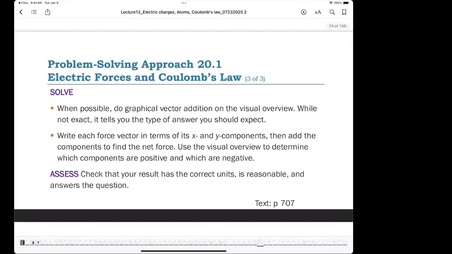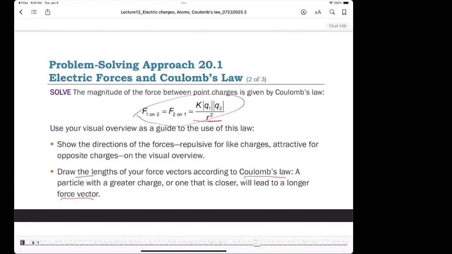Then add the components to find the net force. Use the visual overview to determine which components are positive and which are negative. This is the process for resolving this kind of electric forces and Coulomb's law question. And finally, check that your result has correct units, is reasonable, and answers the question. This is the process for solving those kinds of questions.